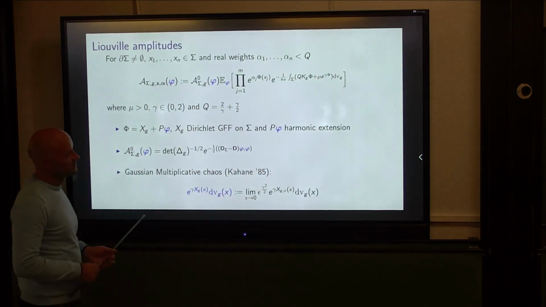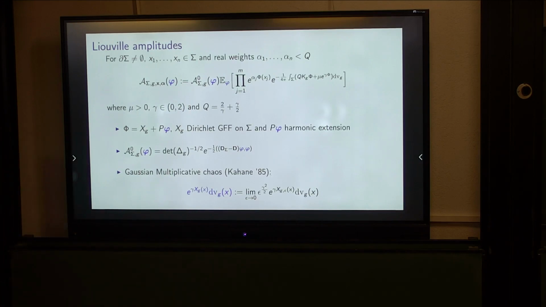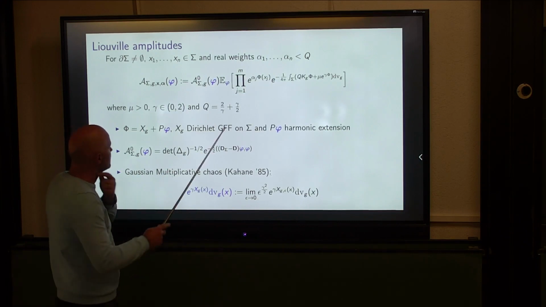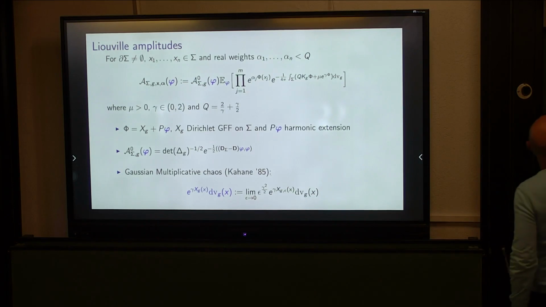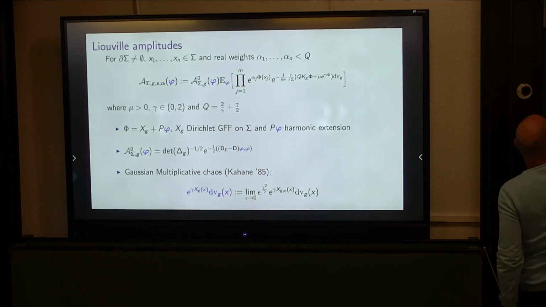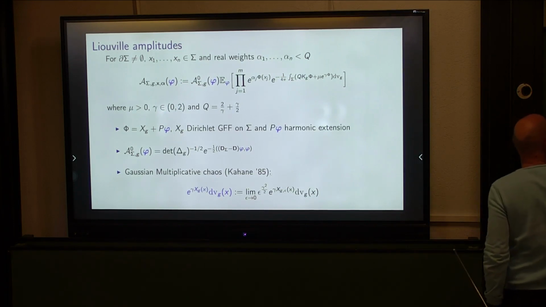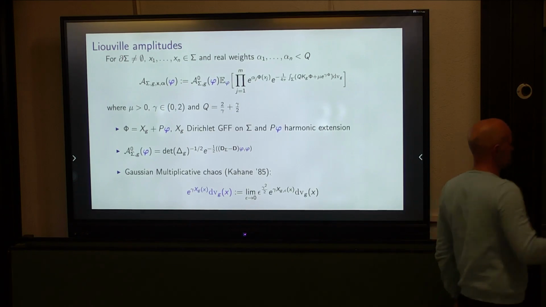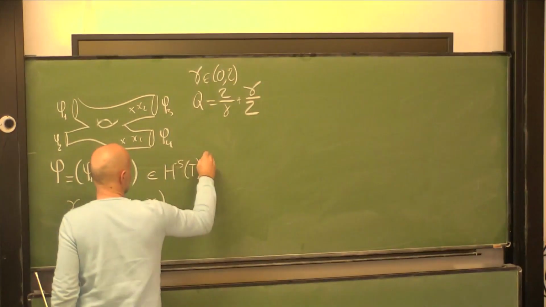So I want to define this amplitude I told you about, and you have this probabilistic definition, which is this one. On each boundary circle, I attach some boundary fields, phi 1, phi 2, phi 3, phi 4, and the bold phi is just phi 1 up to phi 4. So it lives in the Sobolev space on the circle to the power of 4.